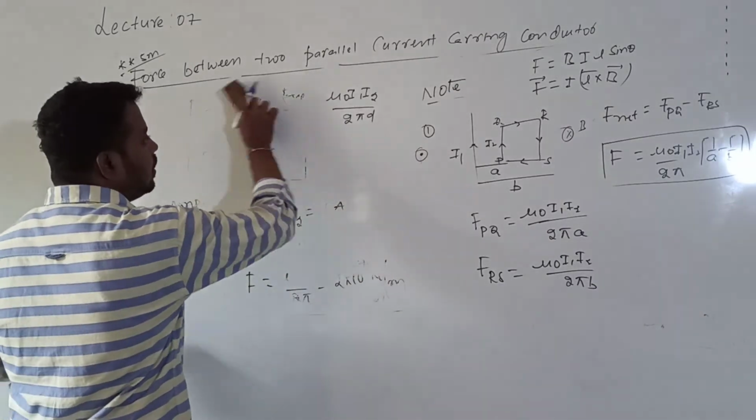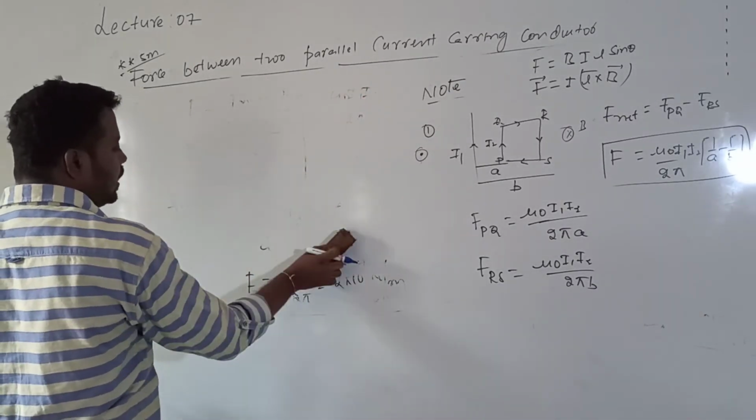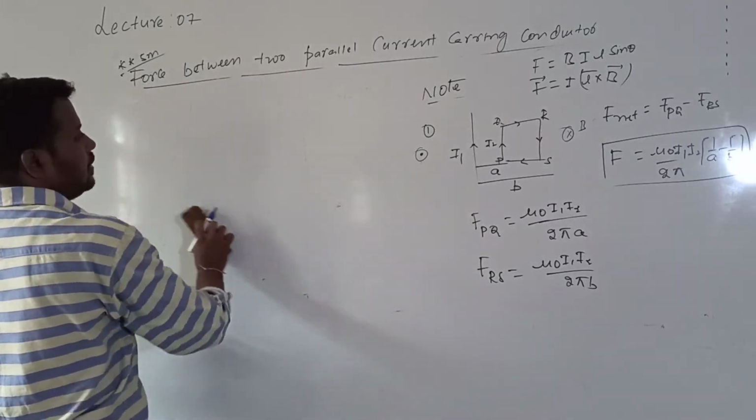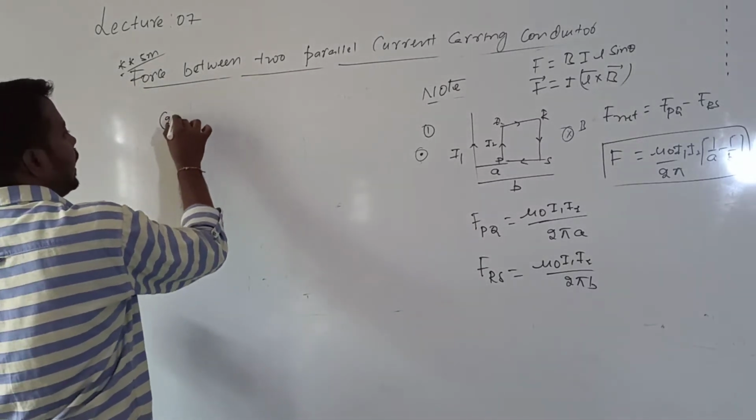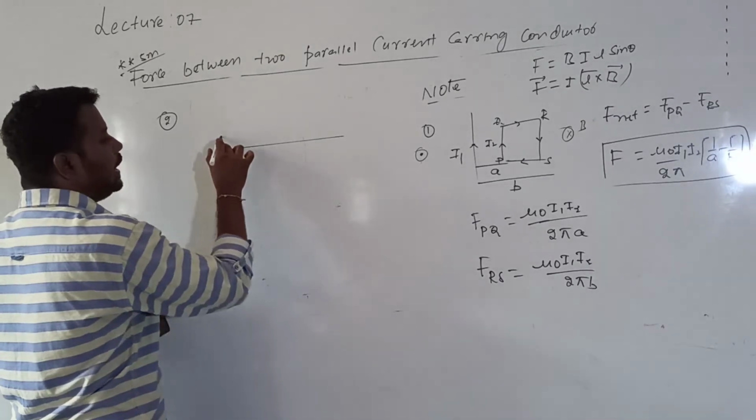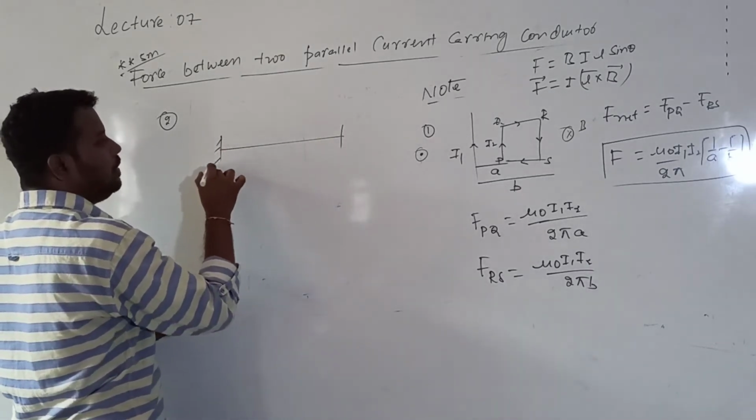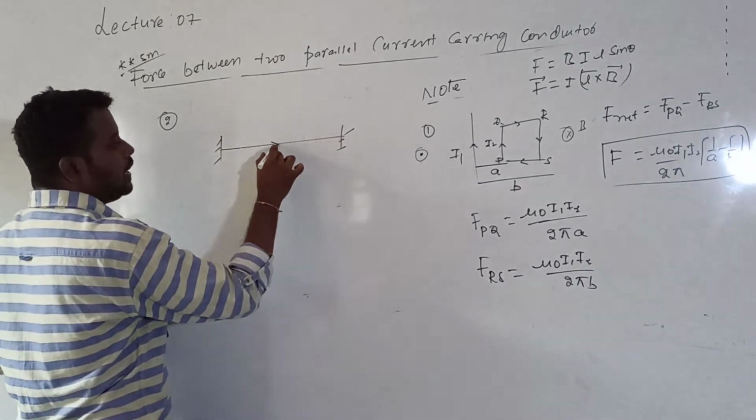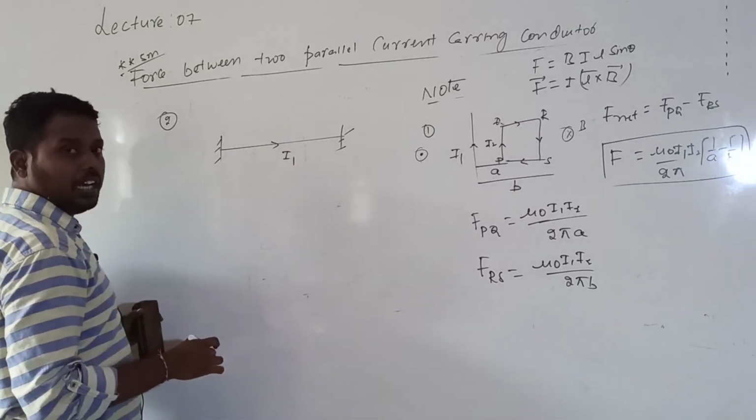After this, two more last points. The second point is, let me consider one current carrying conductor which is fixed between two rigid supports, carrying a current I1.